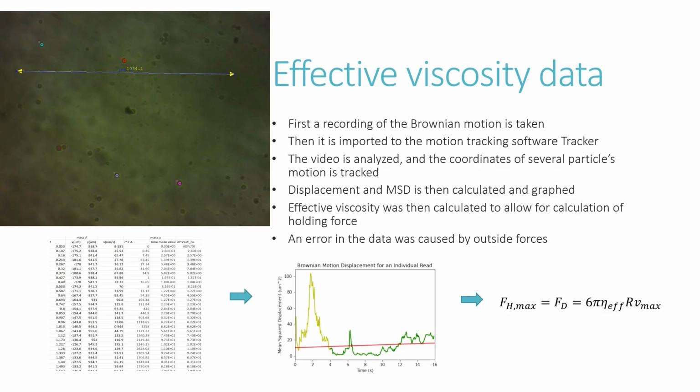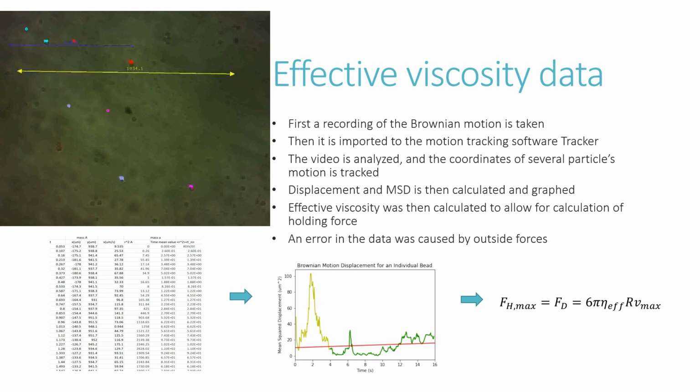Results of finding the effective viscosity. So first we, as we said, found the Brownian motion. Then we recorded this motion and put it into a software called Tracker that then would take each particle and track it as it moved through the video, which allowed us to get our data for actual positional values of each particle.